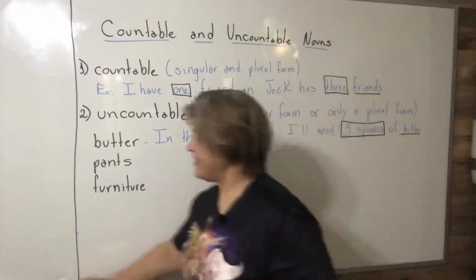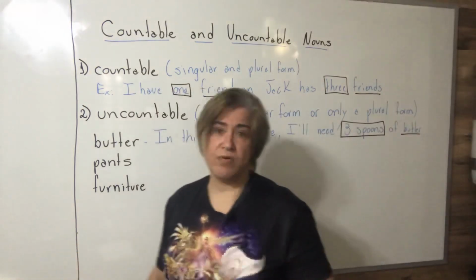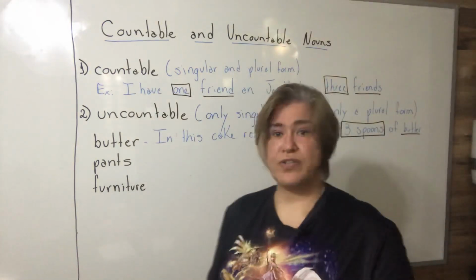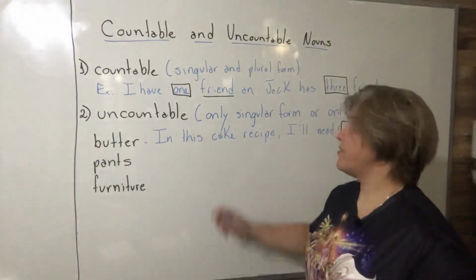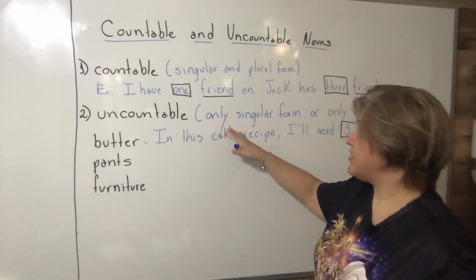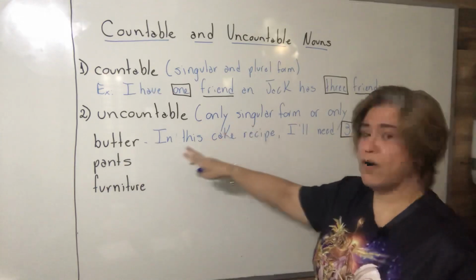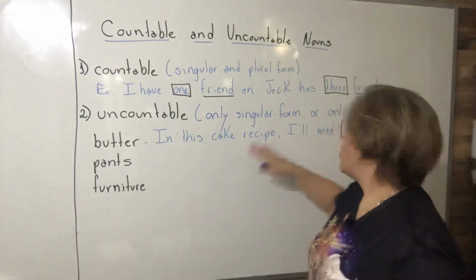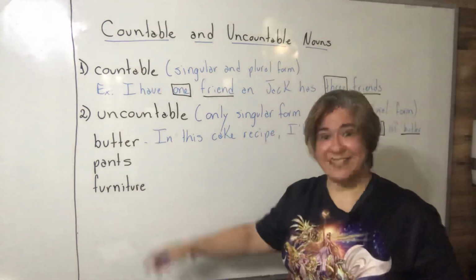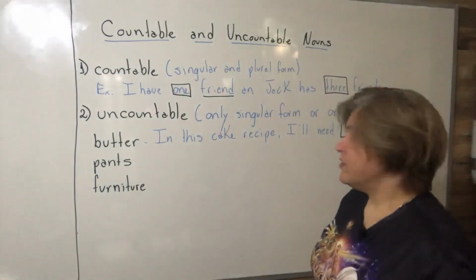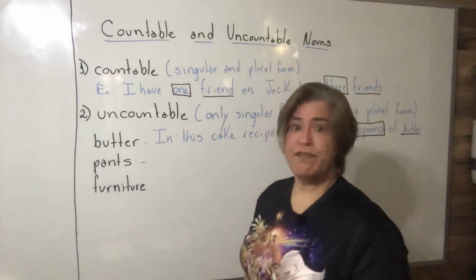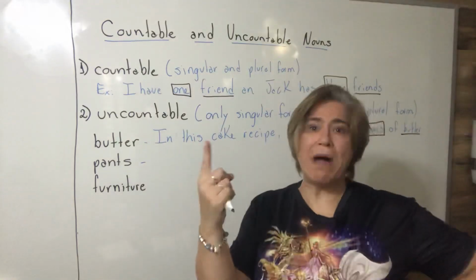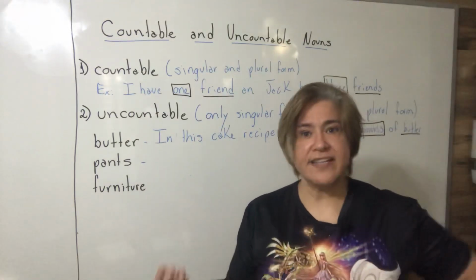So the word pants is always in plural, never in singular. So it's considered uncountable. Remember, for teacher, uncountable is a word that's just singular form, butter, or just plural form, like pants.